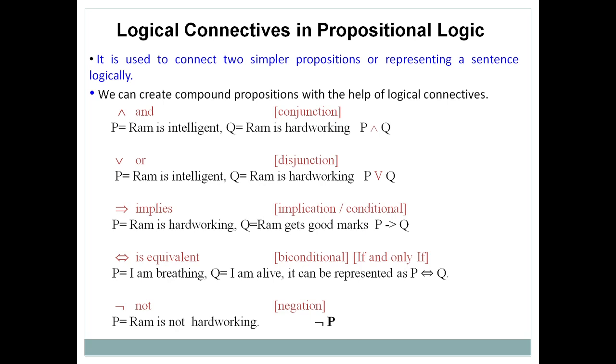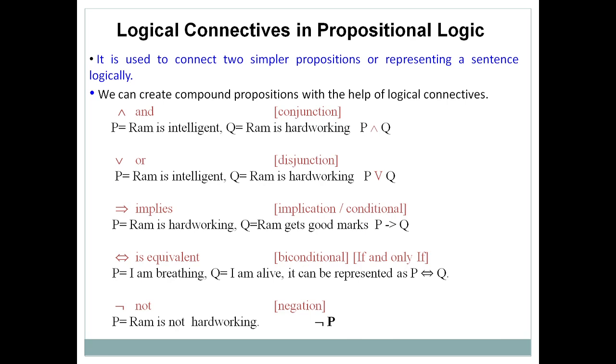Let's take a simple example. As we have seen earlier, in propositional logic we make use of a variable to represent a particular statement. So let's say P is Ram is intelligent and Q is Ram is hardworking. Now we need to form a compound proposition.